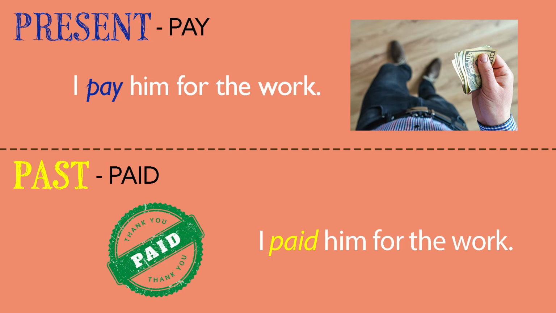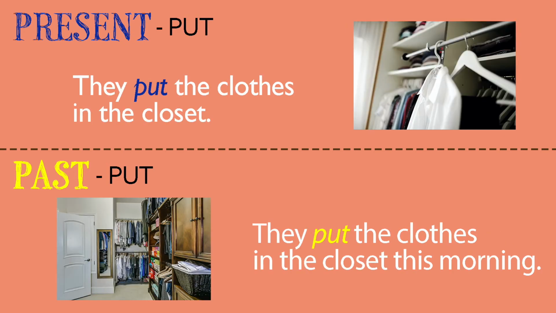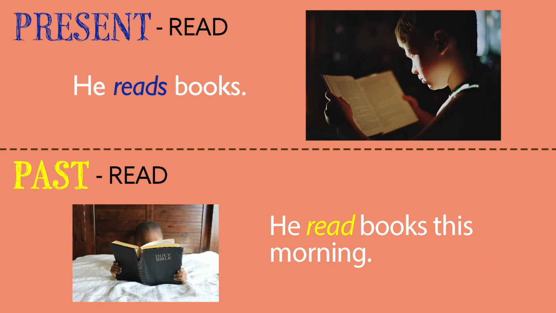Paid. I paid him for the work. Put. They put the clothes in the closet. Put. They put the clothes in the closet this morning. Read. He reads books. Read. He read books this morning.